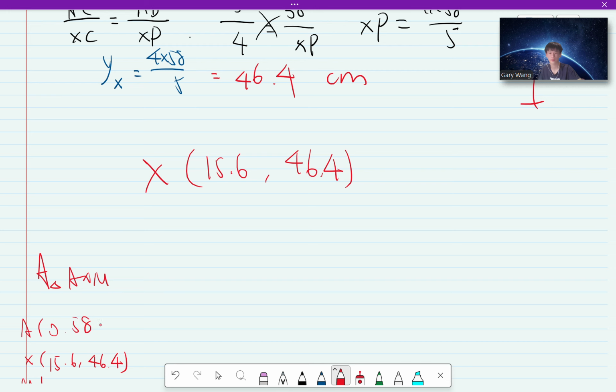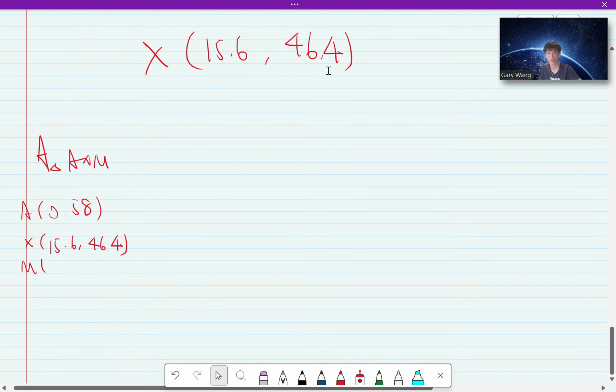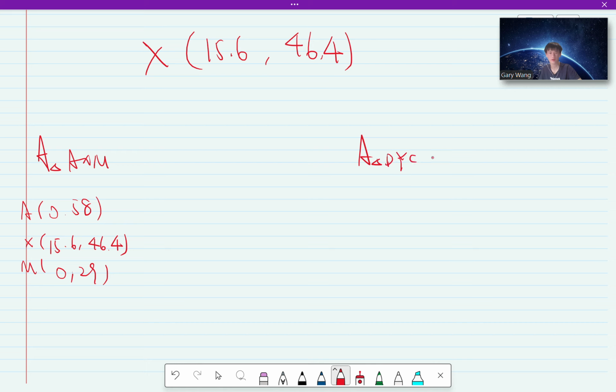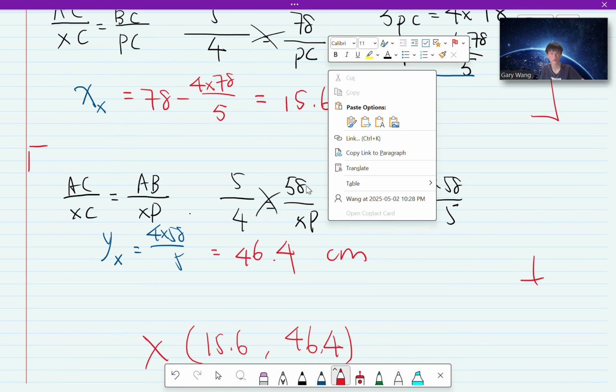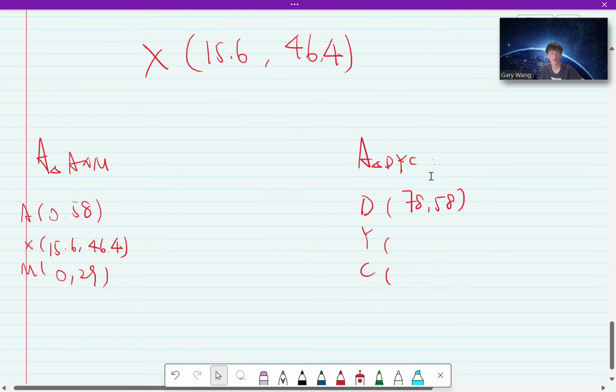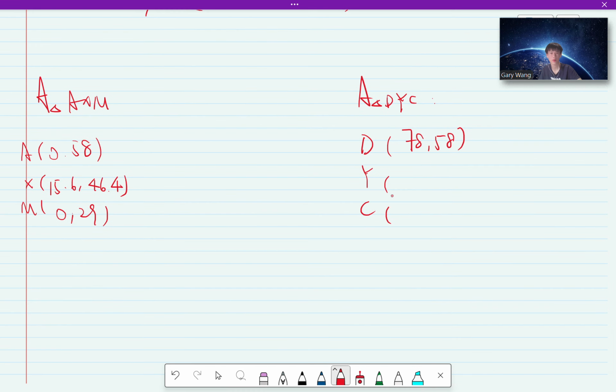And for M, it should be 0, 29. For the other triangle DYC, we want to know the coordinates for D, Y, and C. For D, we should have 78, 58. For Y, let's double check, we should have 52 and 58 over 3. And for point C, we should have 78, 0.